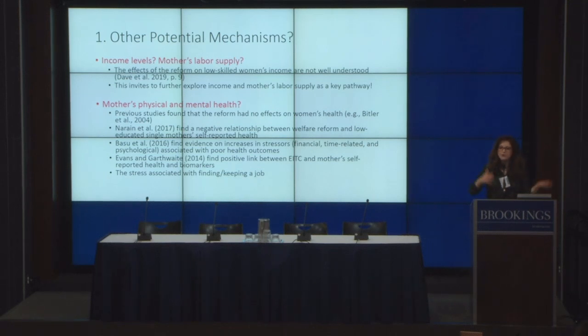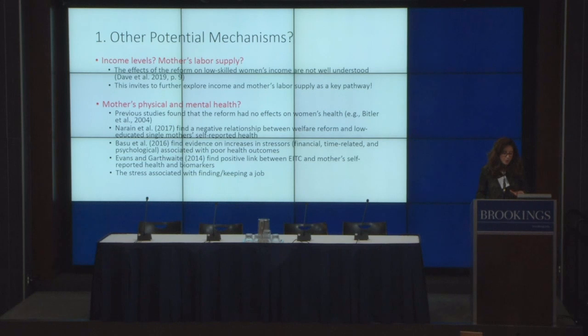On the one hand, women are transitioning to work, right? So they are earning more in labor income, but on the other hand, welfare income is declining. So it wasn't clear to me from the discussion in the paper what the net overall effect on income is. So this clearly invites to further explore income and mothers' labor supply as a potential mechanism. What is going on there?